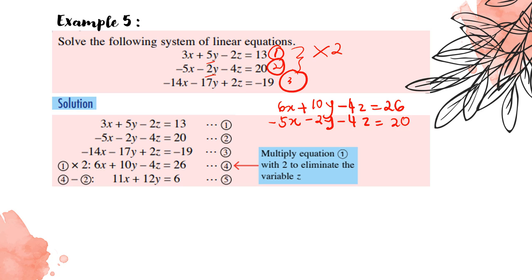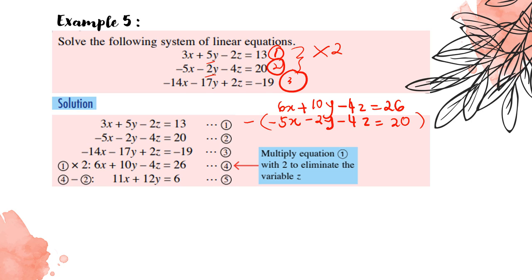So how to eliminate these two equations? If I use plus, negative 4z plus negative 4z becomes negative 8, so you cannot use plus here. You have to use minus.